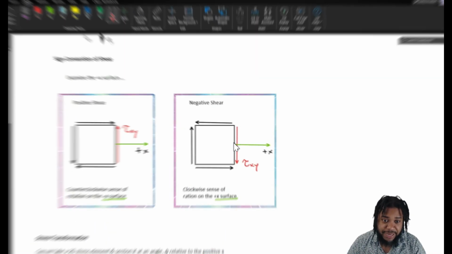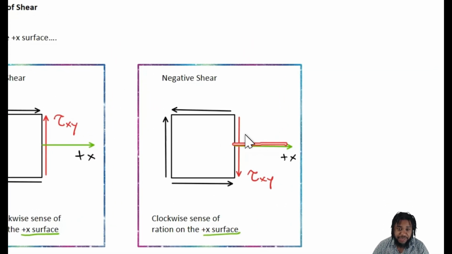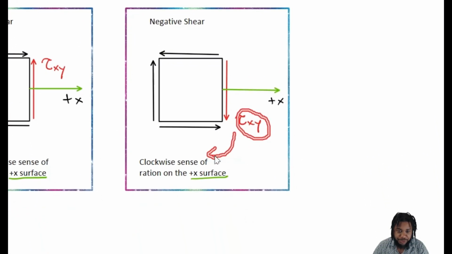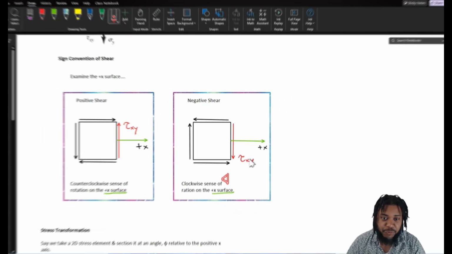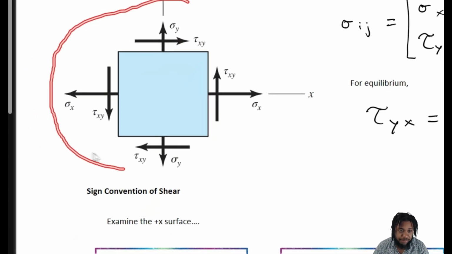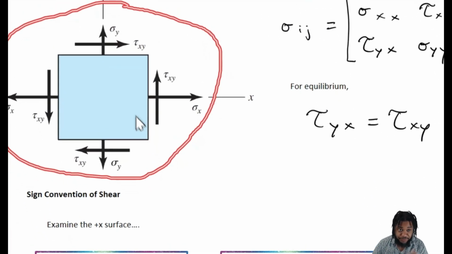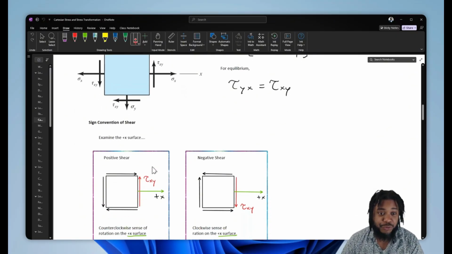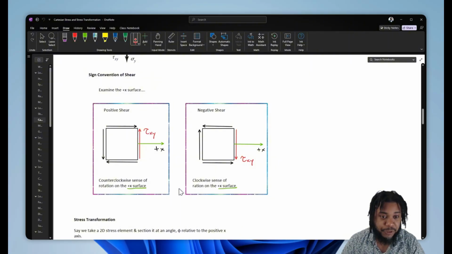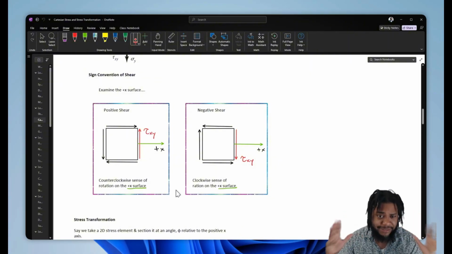If we have a positive x surface and the shear stress is going to give us a clockwise sense of rotation of our body, then we'll define that as a negative shear stress. So it's important that, if you were given a problem like this with actual numbers for the stresses, you'd be able to know what's positive and what's negative. That's key, right? So now we've got these stresses in hand.